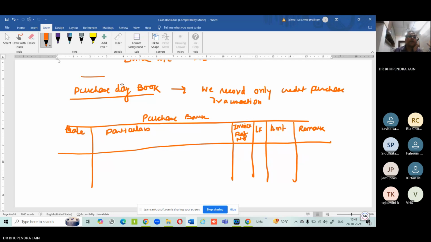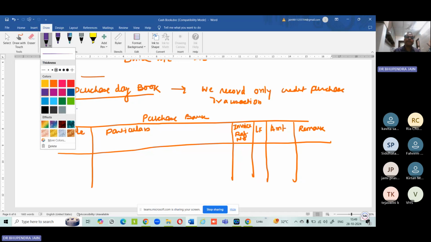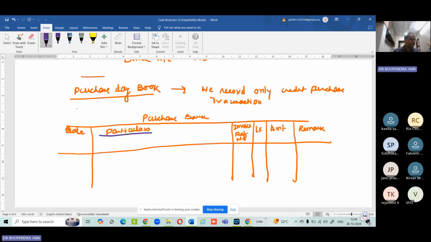This is the format. And under particulars, we write down the name of the supplier and details of goods purchased, like the quantity as well as the value.